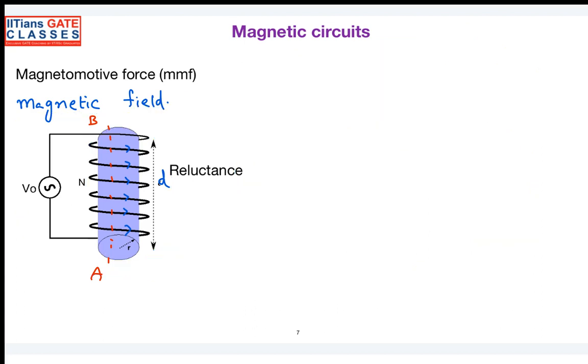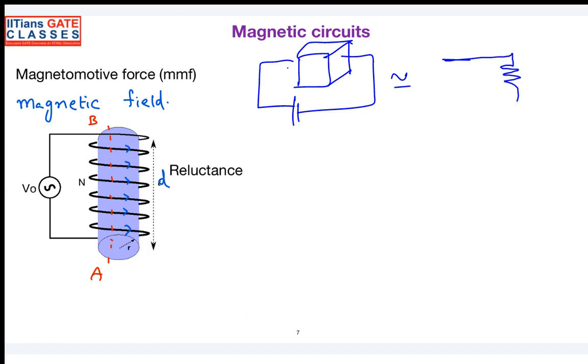See, suppose you have a conductor and you try to apply voltage here. In electrostatics, how will you represent this? The conductor has a resistance and you apply a voltage. So this is your voltage or the EMF, and this is the resistance of the conductor, and there will be a current flow. Similarly, how do we represent this magnetic circuit?